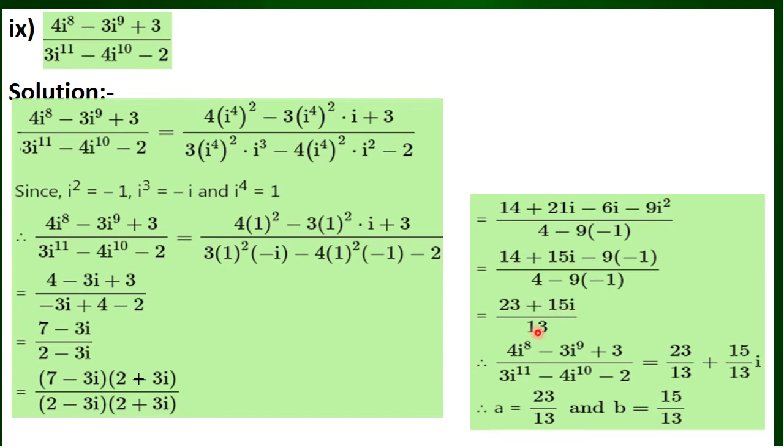So the given expression is equal to this. We separate the denominator for the real and imaginary parts: 23 upon 13 plus 15 upon 13 i. This is of the form a + bi, where a is 23 upon 13 and b is 15 upon 13.